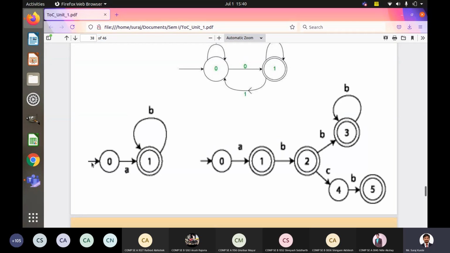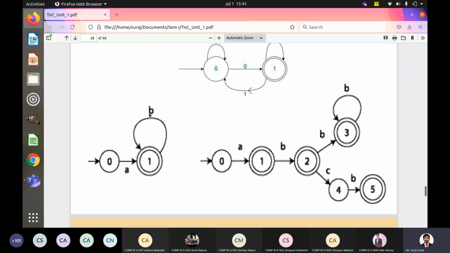The direction of the arrow is towards state 0, but before this arrow there is no state. So Q0, or this 0 state, is called the initial state. Normally we use Q0 as the initial state, and Q1, Q2, Q3 and so on as the next states.